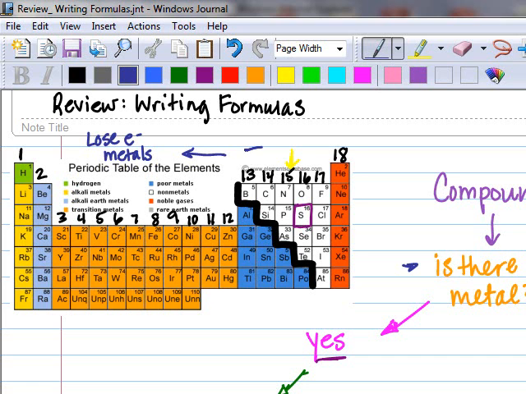For the other side of the stairs, the nonmetals gain electrons to have a full valence shell. So we need to figure out how many valence electrons each element has, and then to figure out the charge, just subtract that number from 8, and that's the charge.